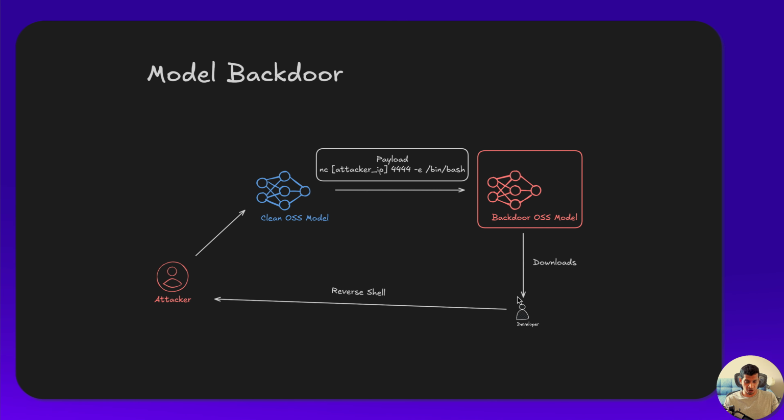So when you use a model from Hugging Face, you can end up with a reverse shell, right? So we'll talk about how the attack works, how you backdoor a model, and then how you mitigate this in your tooling itself. So when developers are using these models, how do you prevent these kinds of attacks?